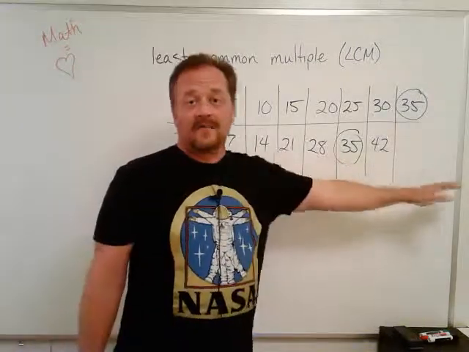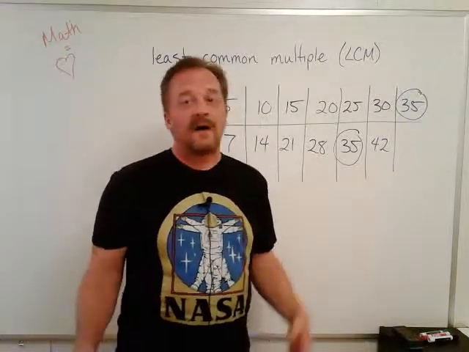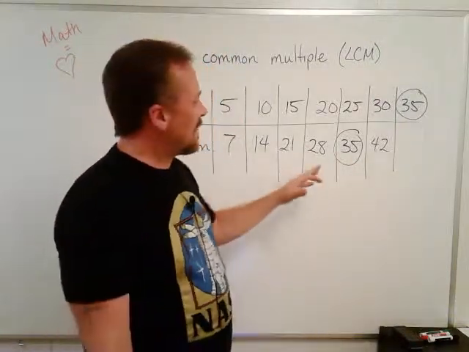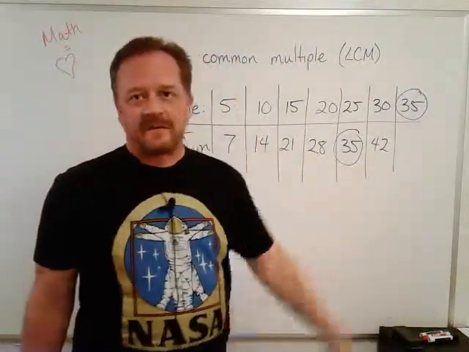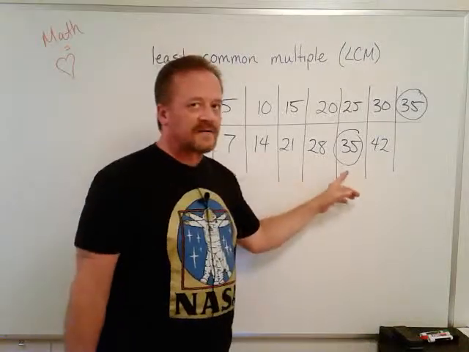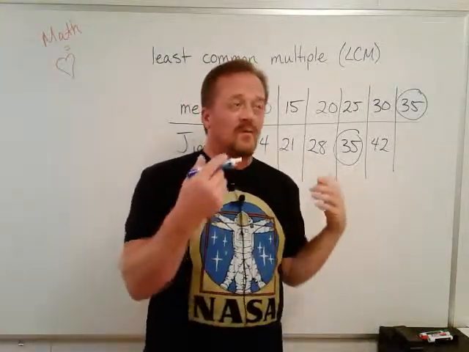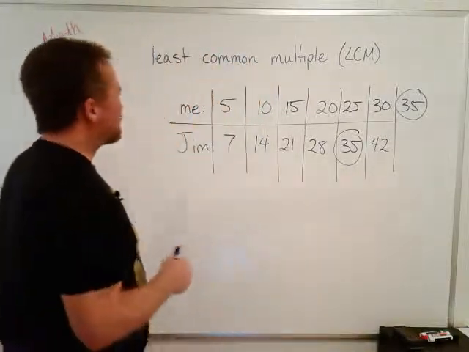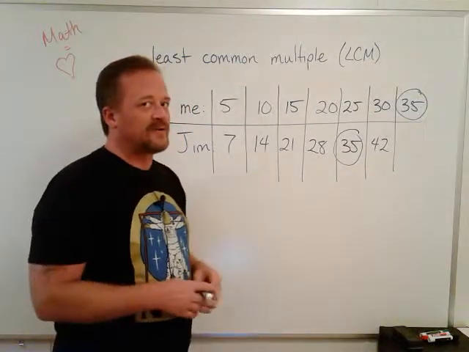Could I have kept going and seen more multiples? I would have. Now that I know that every 35 days me and Jim are going to see each other, I also know that we're going to see each other after 70 days, and so on and so on. But this is the smallest, and that's what I was looking for, because my original question was, when's the first time that Jim and I will see each other? Okay? So there's an example of how we can use this.